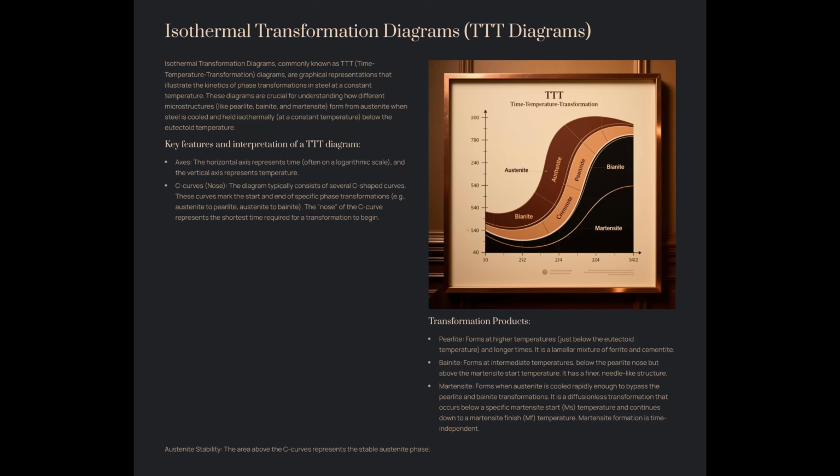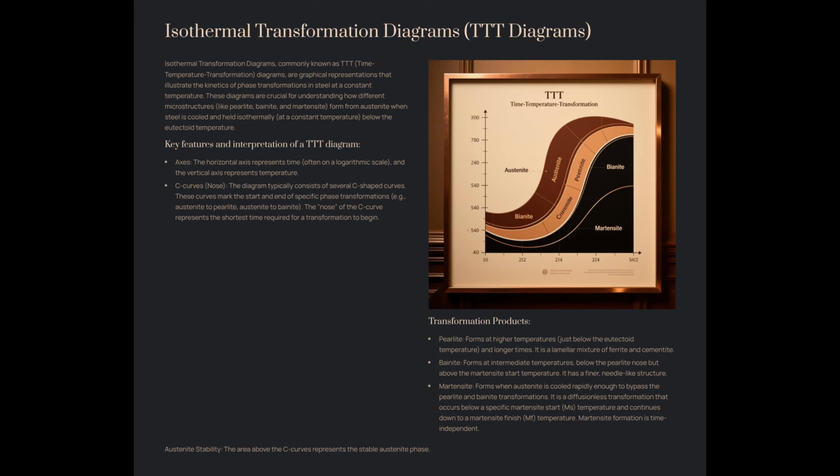It is important to note that TTT diagrams are specific to a particular steel composition and are developed under isothermal conditions. For continuous cooling processes, continuous cooling transformation (CCT) diagrams are more appropriate. Key characteristics.